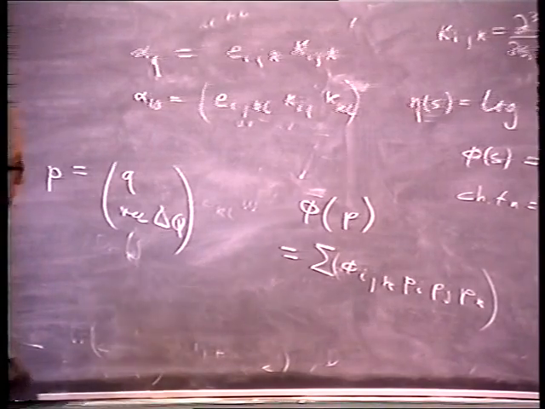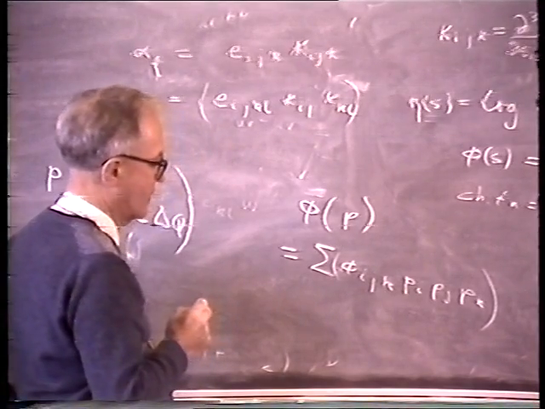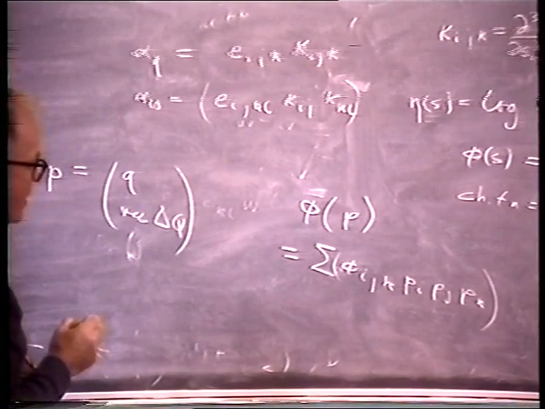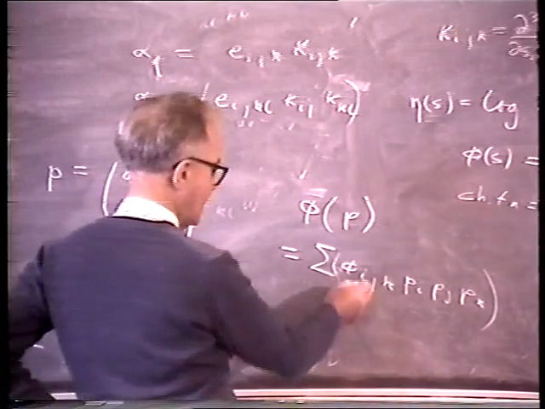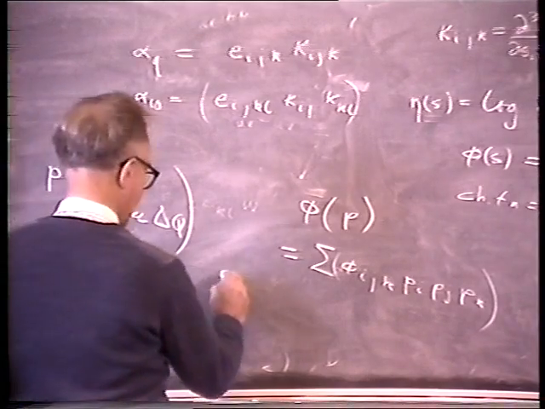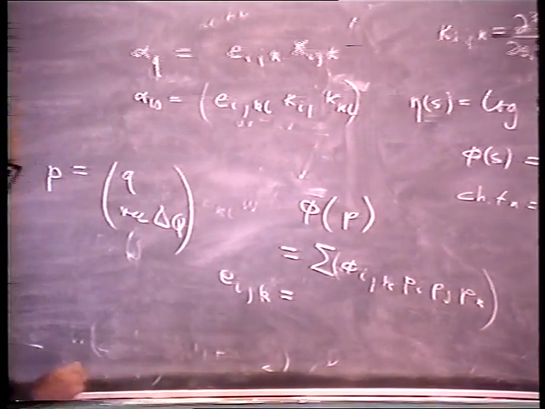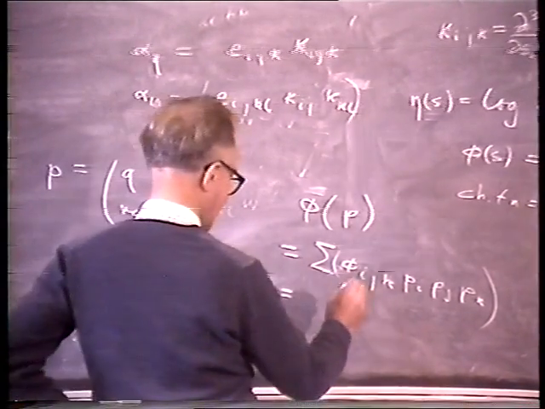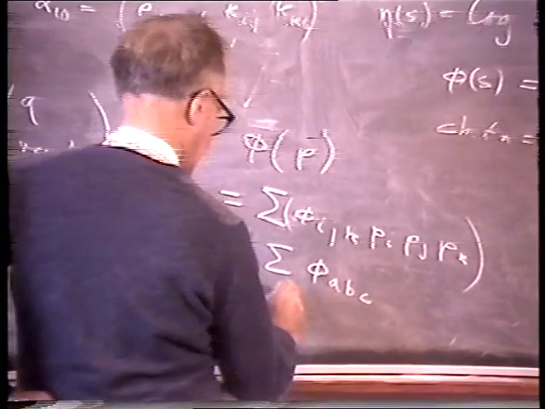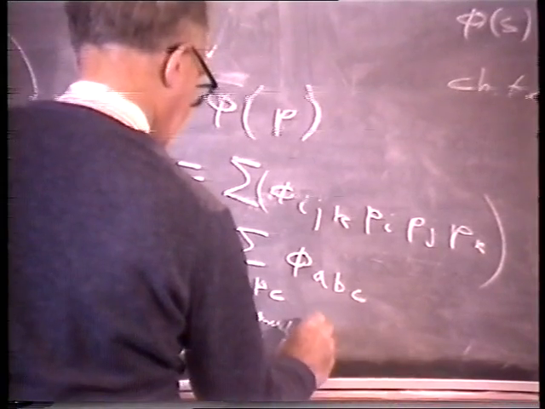Now, the question is, what is the corresponding third-order derivative matrix? And of course the answer is that if you differentiate, you're going to find that you get all possible permutations of the ijk, so that the corresponding E_ijk, the corresponding third derivatives, involve all possible permutations. So it can be written in the form phi_ABC, where ABC permutes ijk.